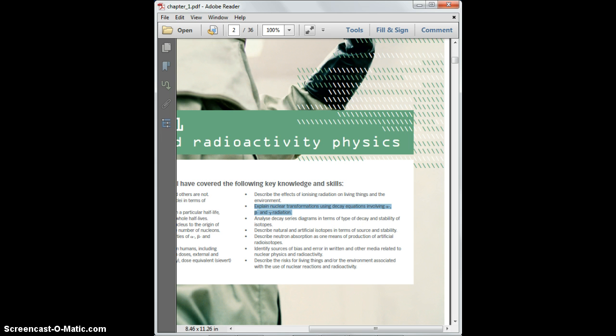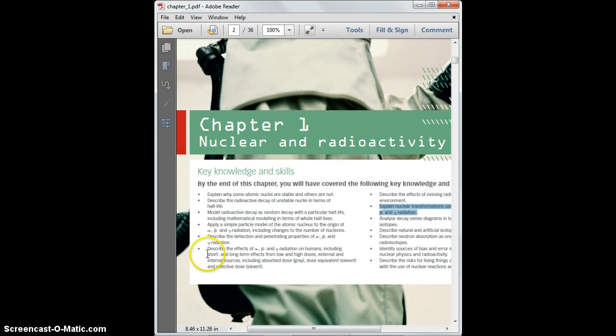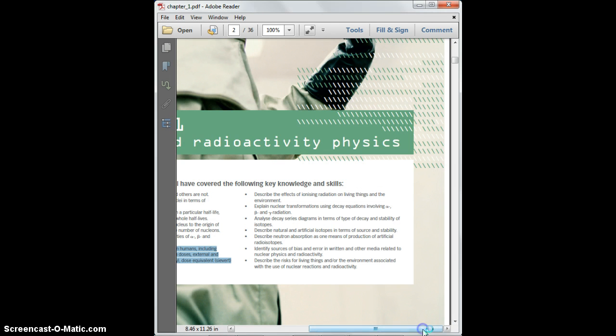Okay. And 2C is about describing the effects of alpha, beta, and gamma radiation. Okay. And then 2D is about decay equations again. So back here to this dot point. And then we are finished with that question.